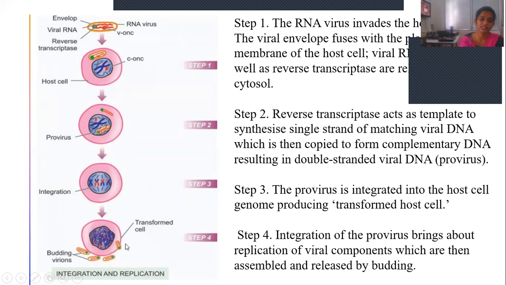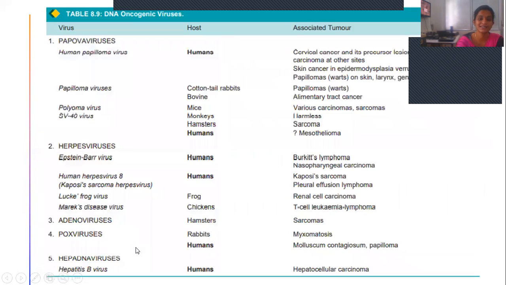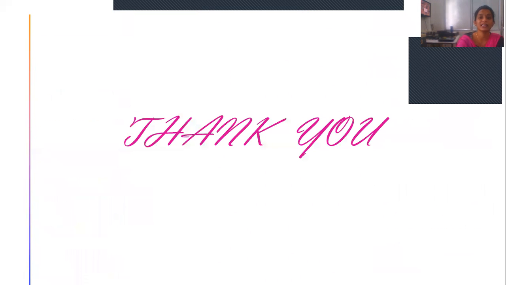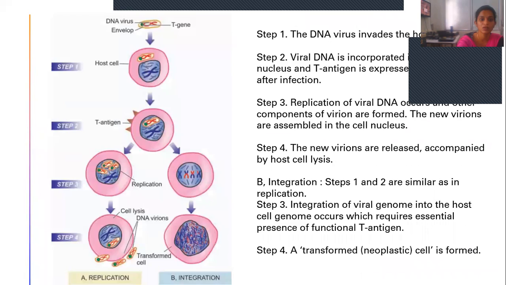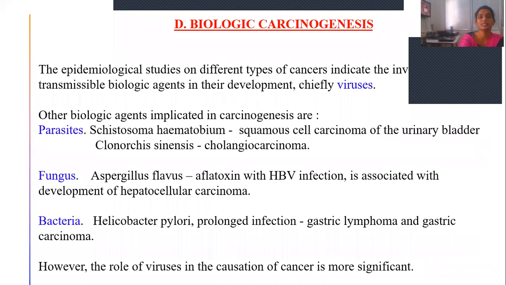The cell which has the replicated DNA with the provirus, we call a transformed cell. So this is how carcinogenesis takes place with the help of DNA viruses and RNA viruses. This is called biological oncogenesis. With this, we are completing this pathogenesis of cancer. Thank you all.